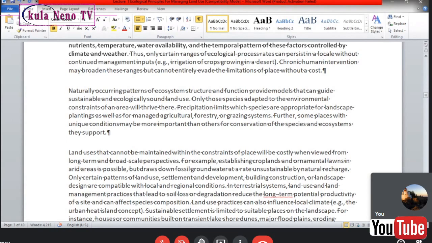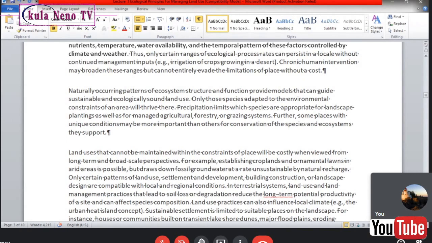Let's take an example of northeastern Kenya. It is a dry place. It has its ecosystems and everything that happens there, the animals, both biotic and abiotic factors. When you're thinking of land use, put that in mind.